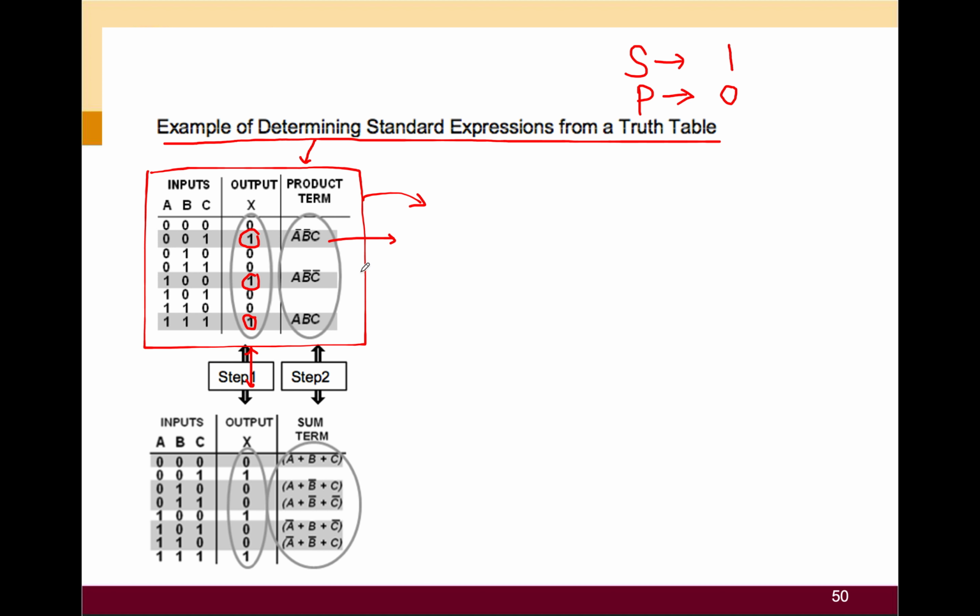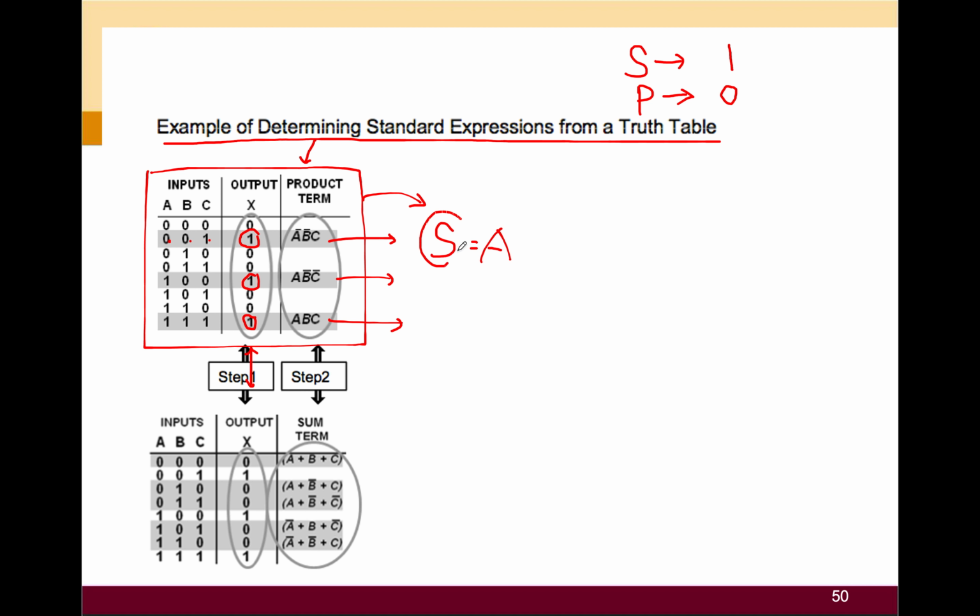You can see over here, A represents 0, B represents 0, C represents 1. For the input, that means A bar, B bar, C.